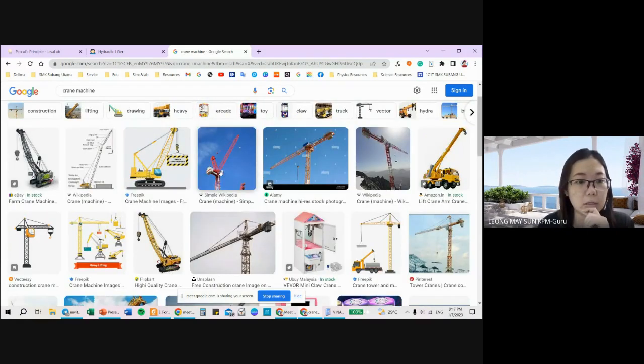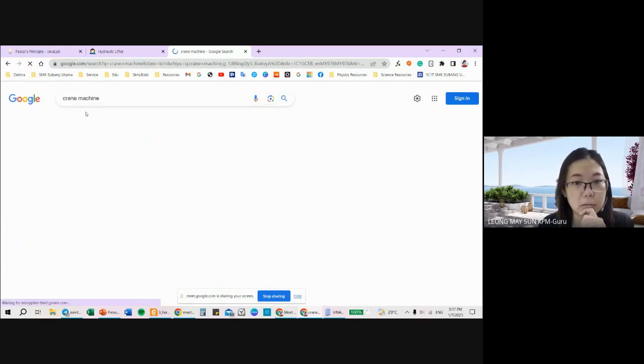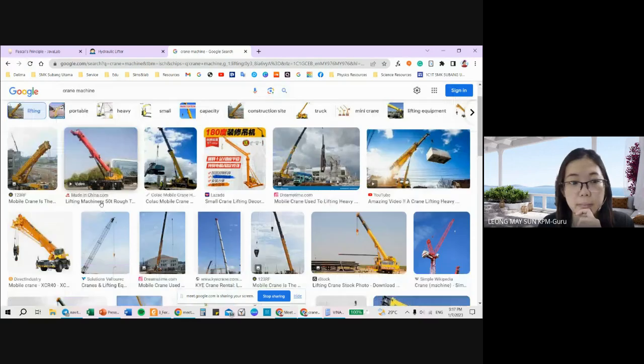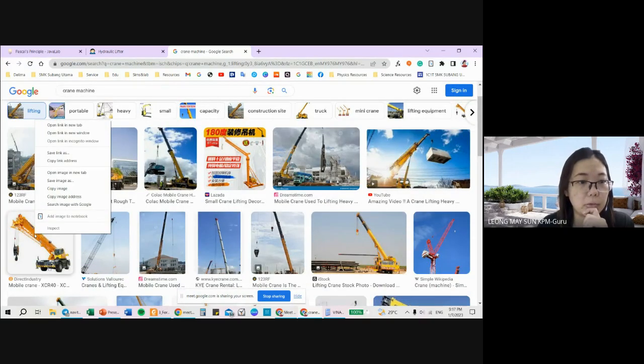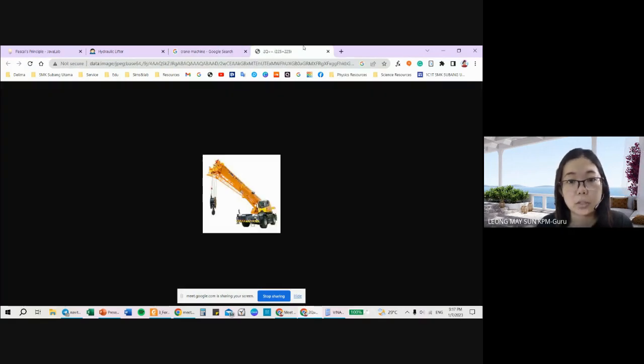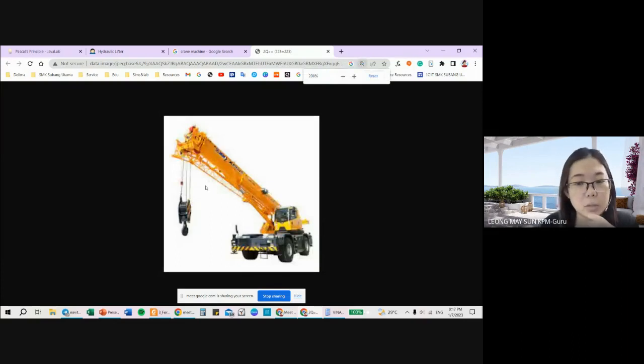The main reason why it uses the hydraulic fluid, let me just take a simple picture. Why does this use a hydraulic system as well? Because the driver who controls it can move the crane higher, lower, towards the left or towards the right, and all this uses a hydraulic system inside.